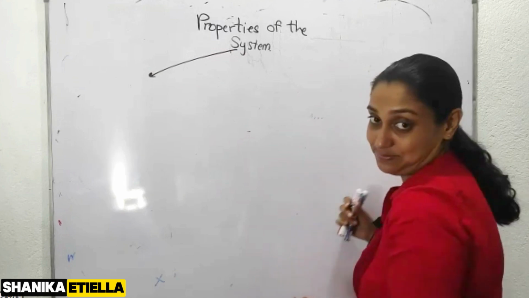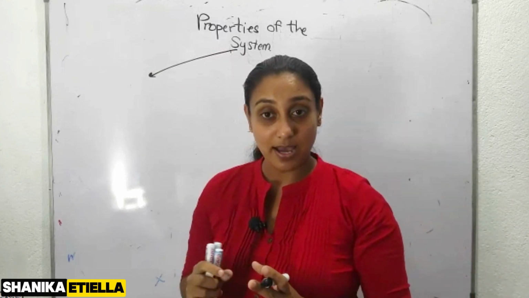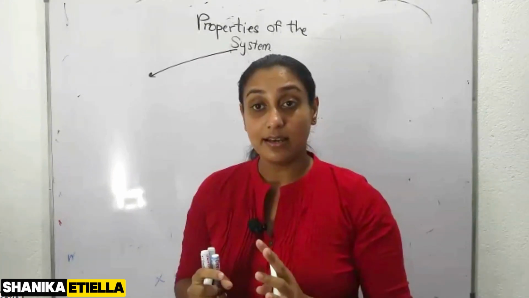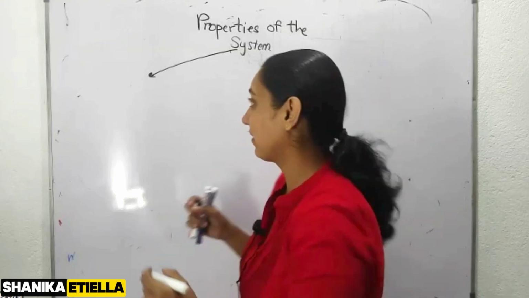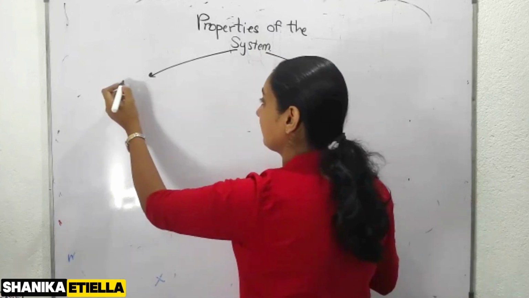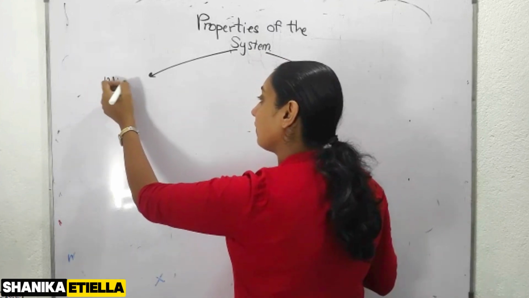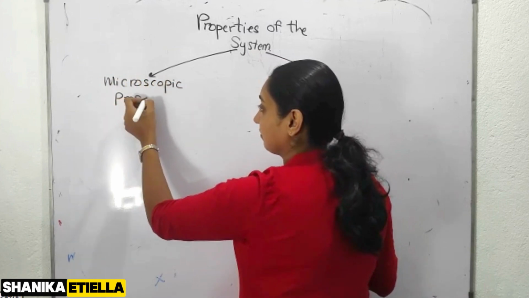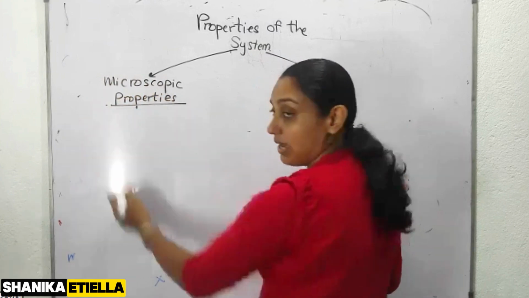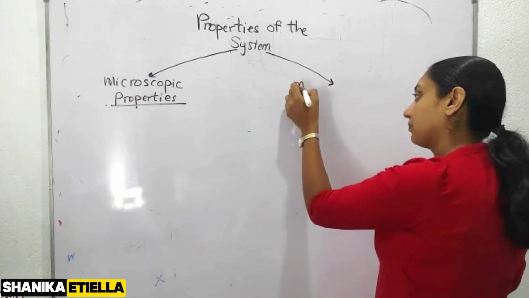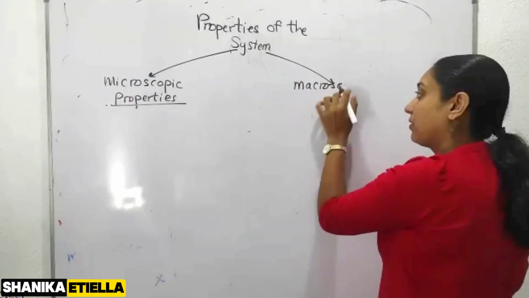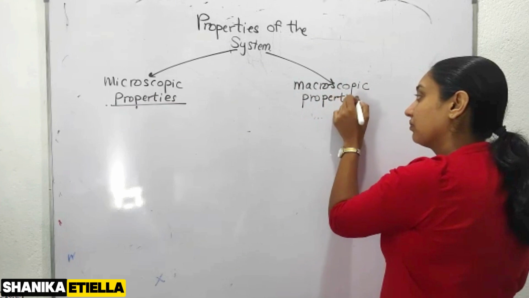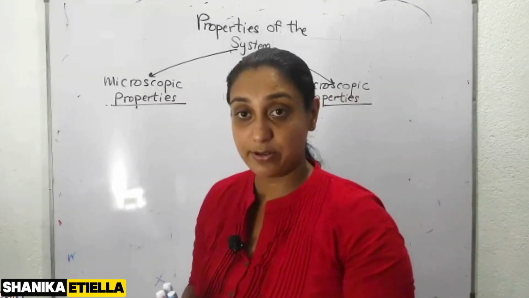Okay. Properties of the system. I can categorize properties into two major parts. Properties mean something we can measure, something we can tell about the system. I can write microscopic properties and macroscopic properties.